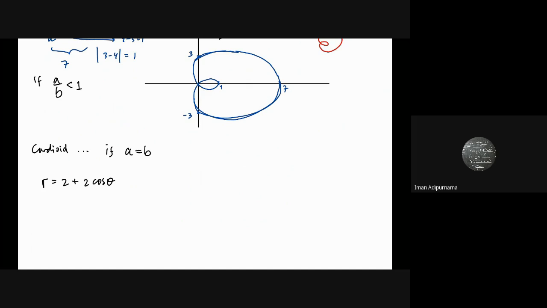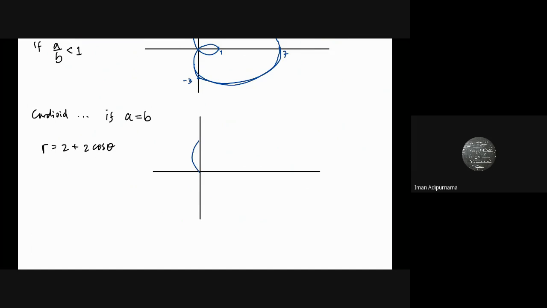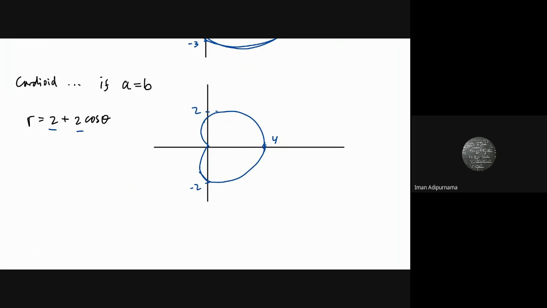This will become like a heart. So this will be 2, this will be 2, and this will be 4. And this will be 0 since 2 minus 2 is 0. So there will be no inner loop. And the name itself came from cardio, which is heart, and it seems like a heart, right?